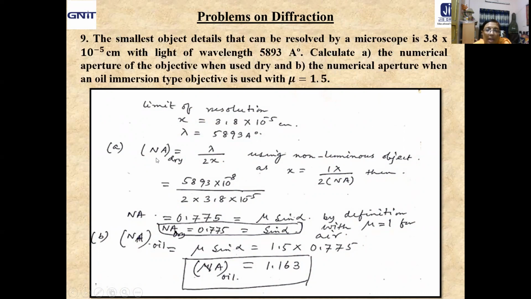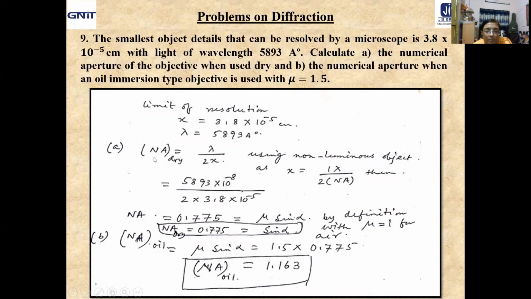Now, what about numerical aperture in case of the microscope? We know lambda by twice x. Because x equal to lambda by twice into NA, provided we use non-luminous object. If nothing is specified, you can use non-luminous object, but give the message that you are using non-luminous object.